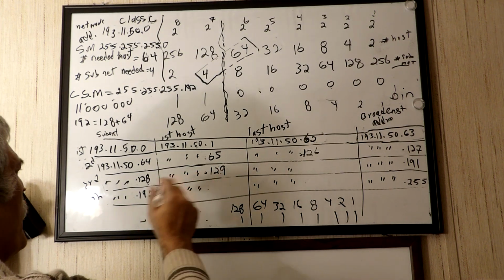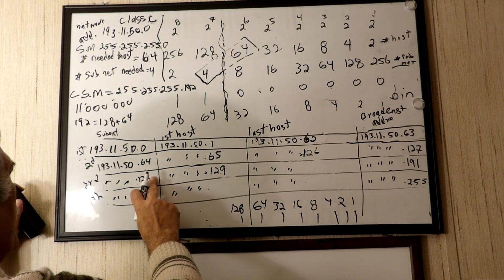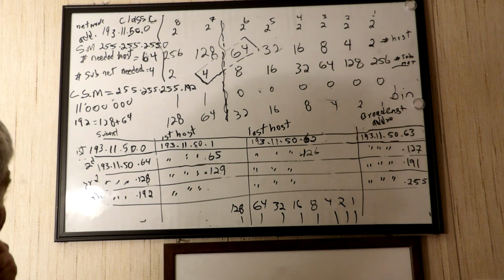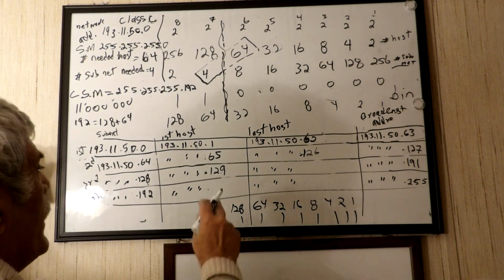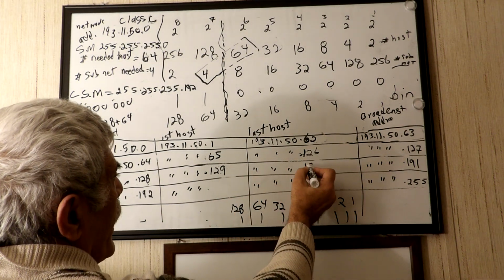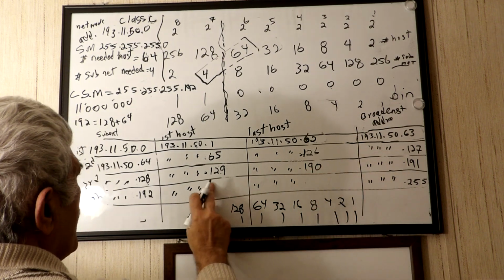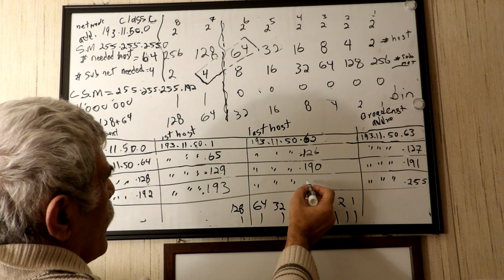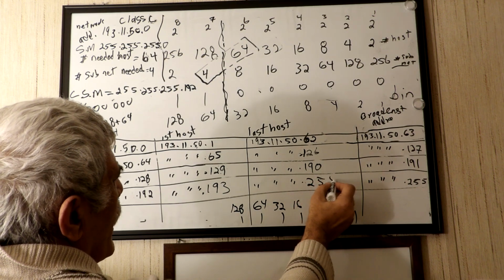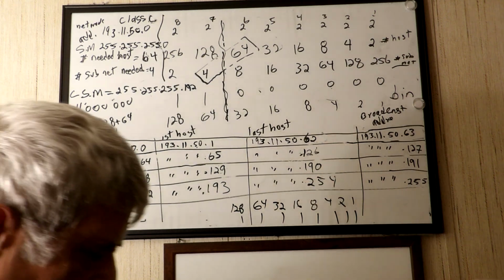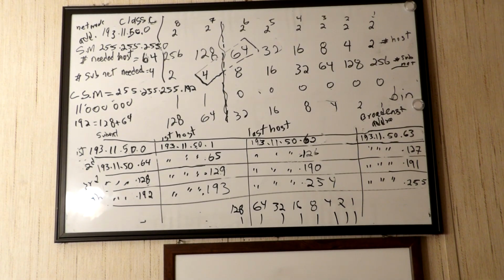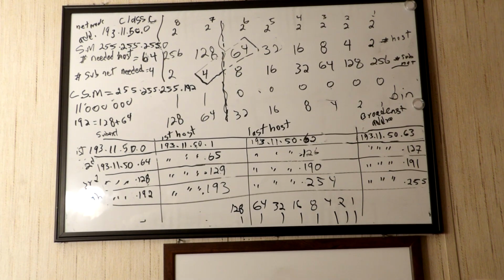We add 1 to this because this is the subnet ID, subnetwork, and we get this one, point 190. And the same thing for here, 193 to 254, the last usable host is going to be this one.